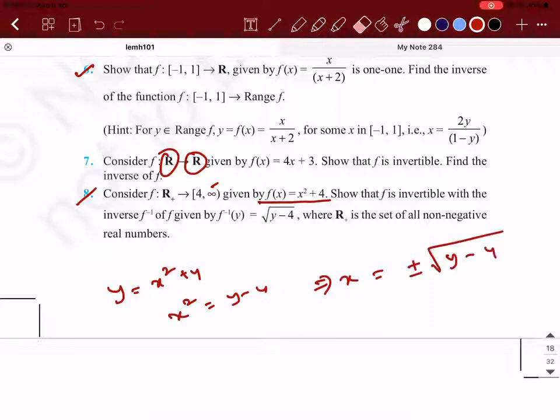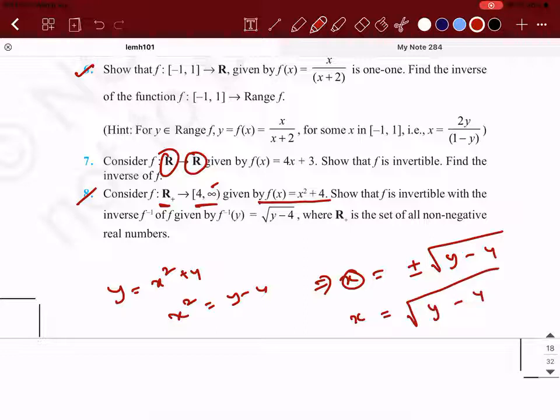But where is x coming from? R plus or 4 to infinity? Where does this x come from? R plus, right? So since it is coming from R plus, you will not take the negative value. You will write it as root of y minus 4.